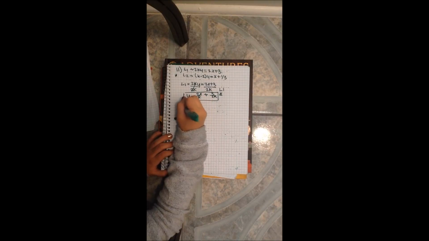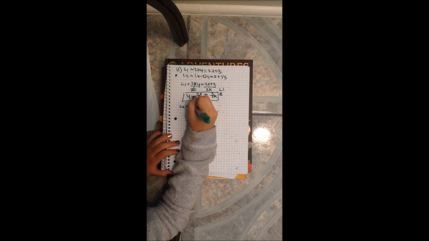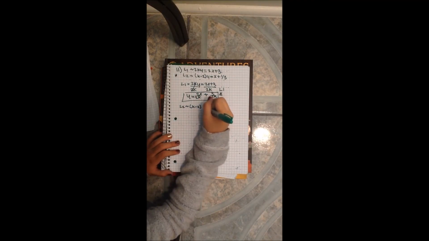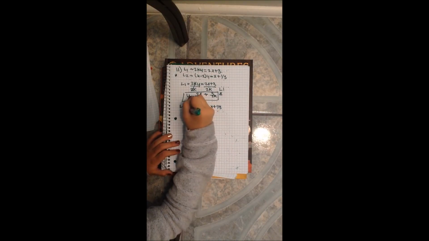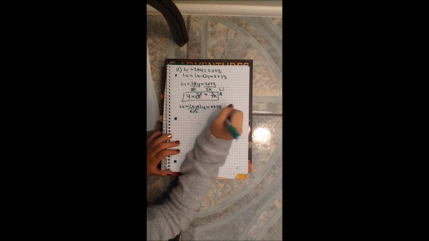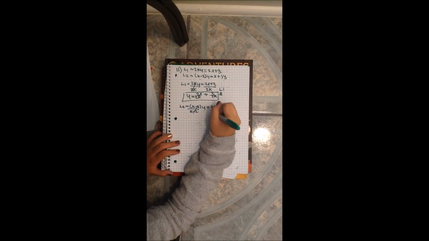Now for line 2, which is k minus 2 times y equals x plus 1 over 3. You divide this by k minus 2. It's gone. Now divide this side by k minus 2 as well.